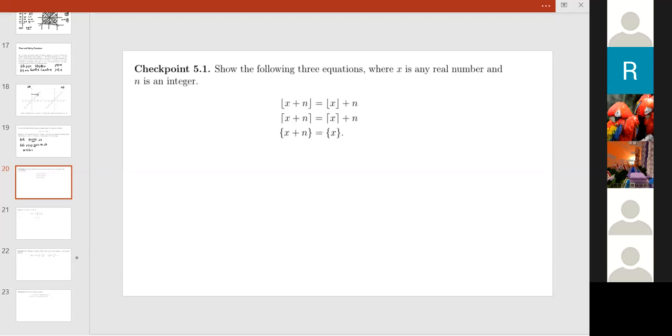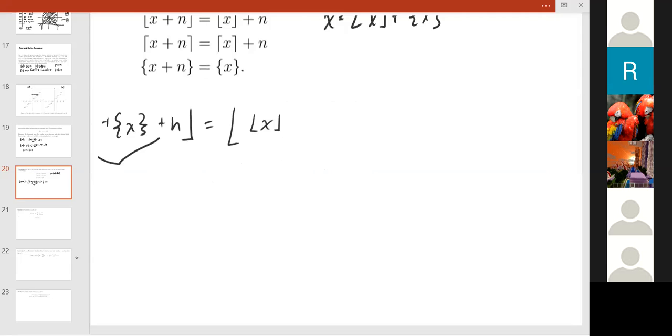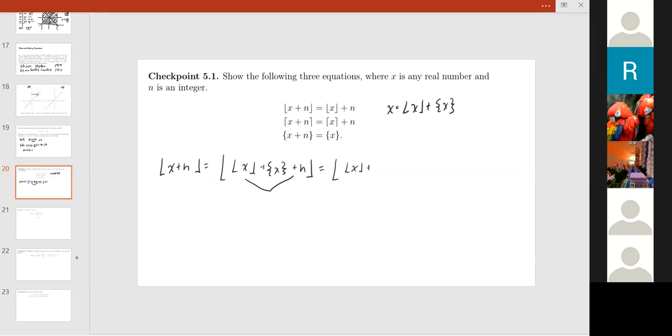Okay, so let's look at the solution for these. We're going to use the fact that x is equal to the floor of x plus the fractional part of x. For this first identity, we can substitute x with the floor of x plus the fractional part of x, plus n. We can combine these two since these are both integers, because the floor of anything is also an integer.